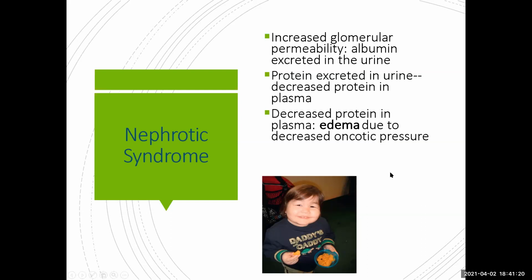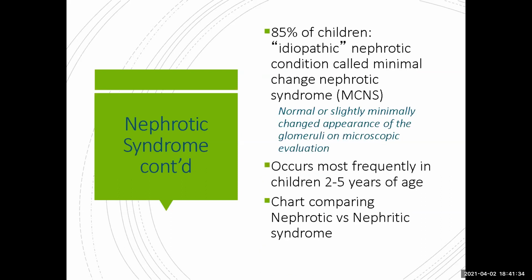The protein is excreted in urine, causing the decreased protein in the plasma, and decreased protein in the plasma causes the increase in edema. There are 3 different reasons why a child would have nephrotic syndrome.